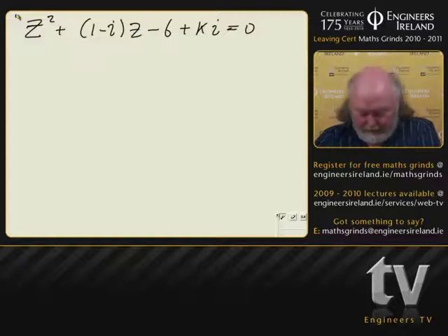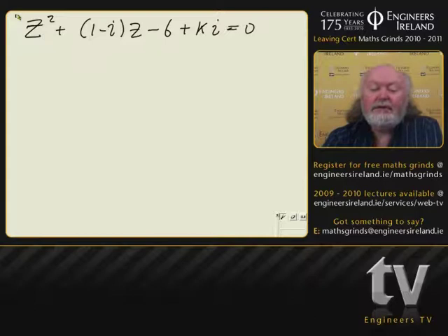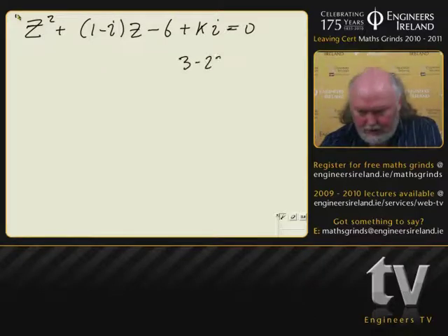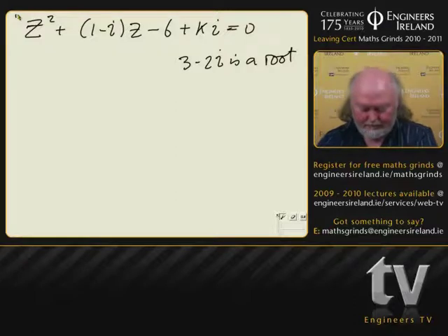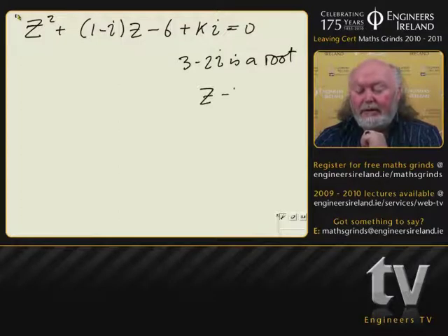Now, for these kind of questions, you can be asked to do other things. In this case, it says, 3 minus 2i is a root. Now, we could have been told that z minus 3 plus 2i is a factor, right?